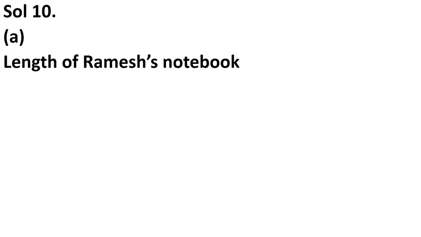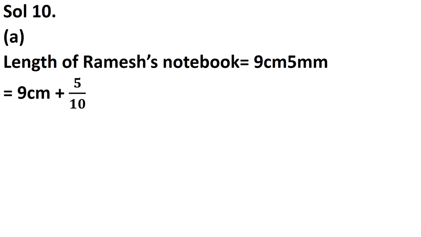Now question number 10 I have given you as a homework. It is the length of Ramesh notebook is 9 centimeter 5 millimeter. Okay. And what will be its length in centimeter? Same, you have to convert it into centimeter. 9 centimeter is already in centimeter.